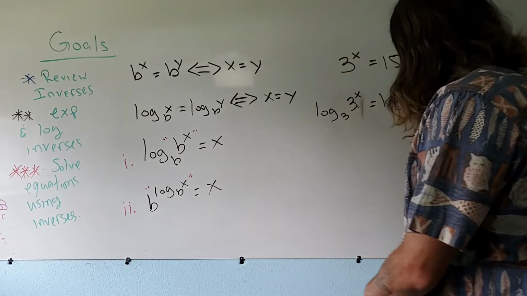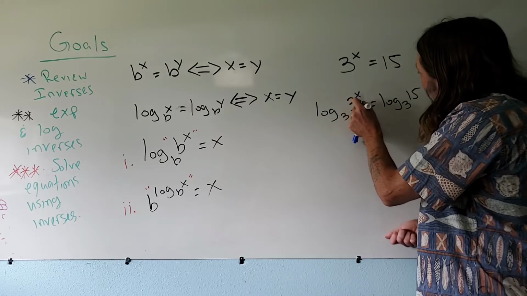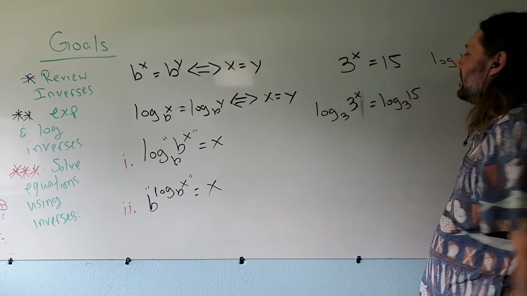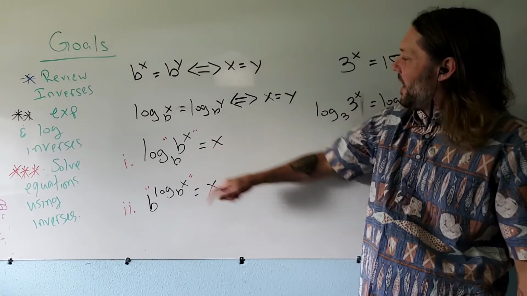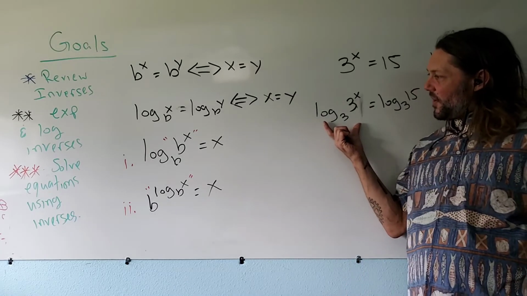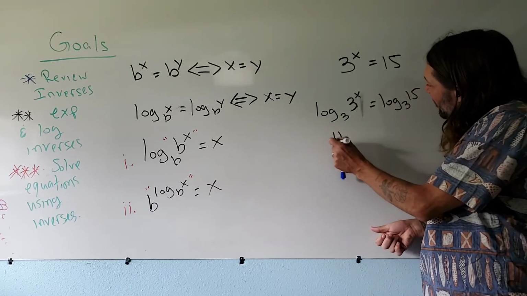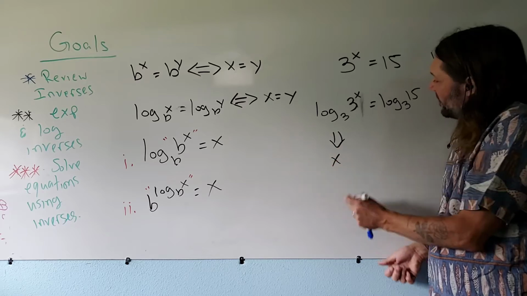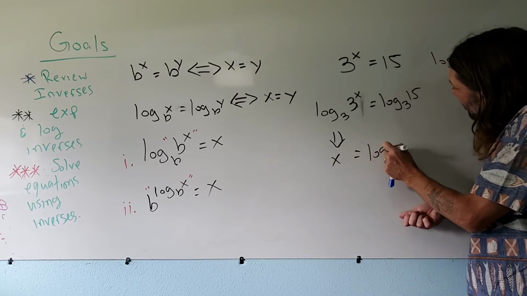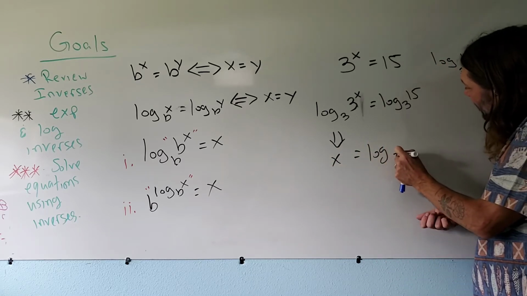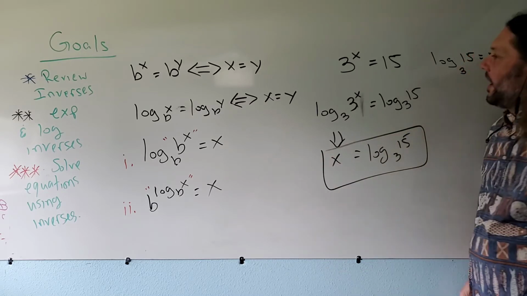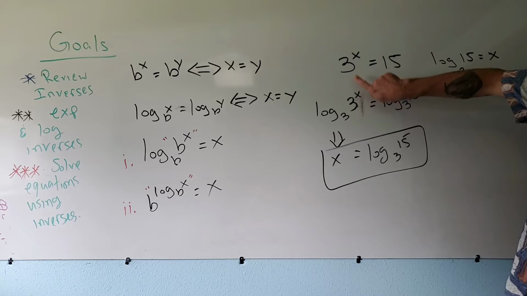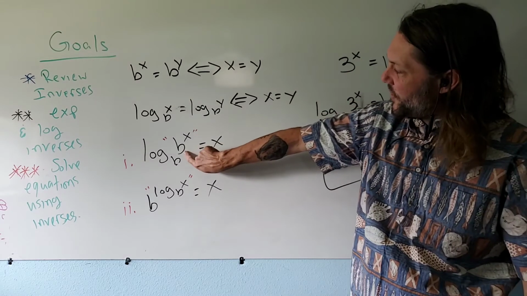All right, so I've created now this situation, and I know that this itself just turns into x. So x equals log base 3 of 15. So I solved for that. And again, I recognize I started off with an exponential, so I need to use this.